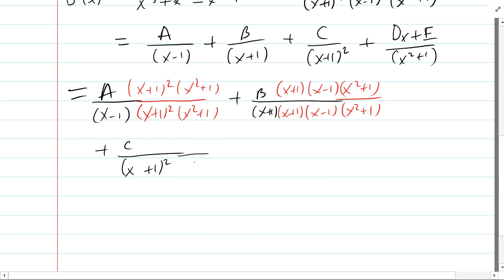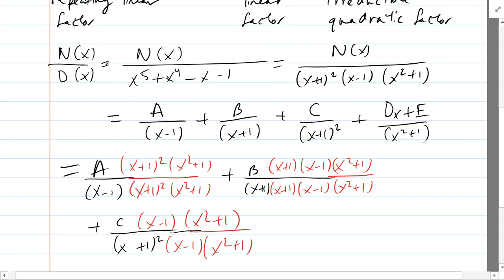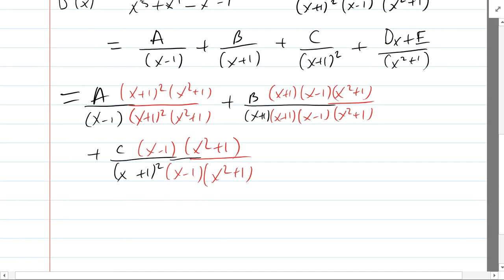It is missing an x minus 1, and it's missing an x squared plus 1 from the original denominator. Compared to the original denominator, what's missing?